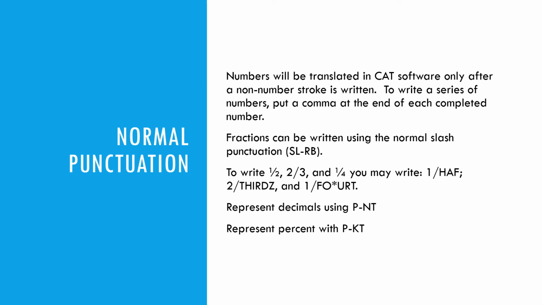You may change it to the percentage symbol if you want to see that symbol. An alternative to that is to write the PKT with an asterisk, and you will get the symbol.